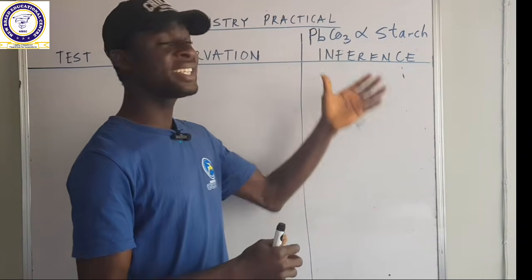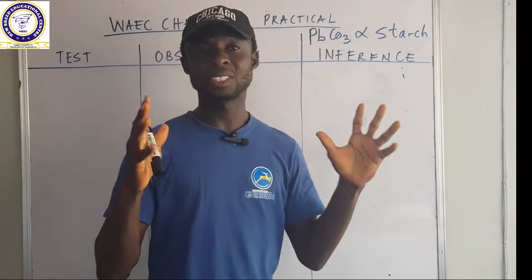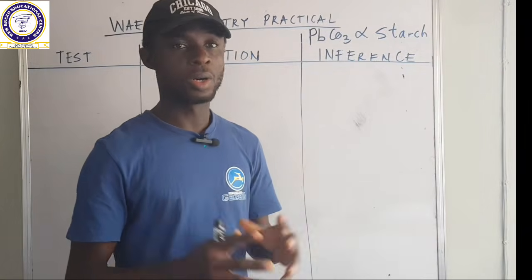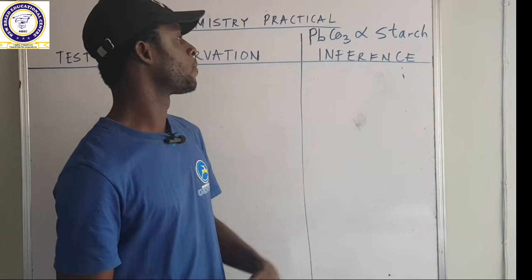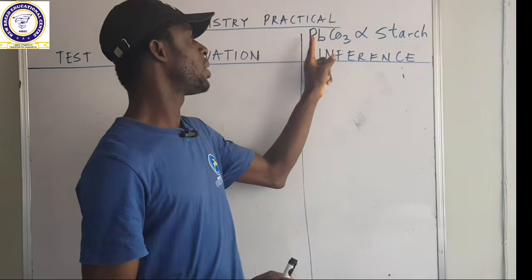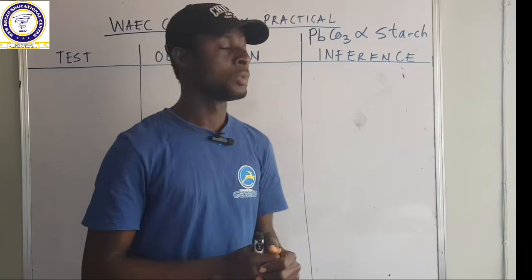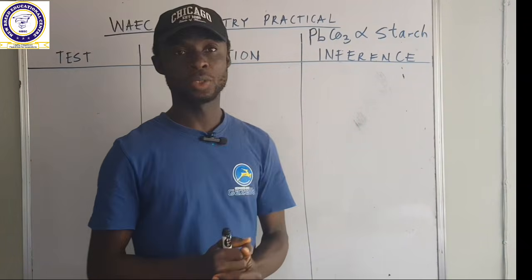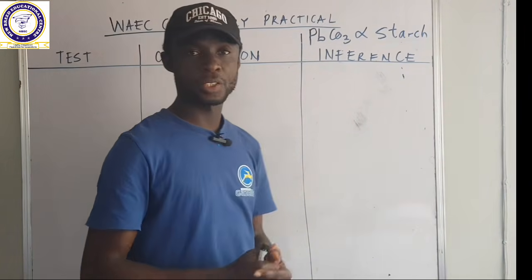Now, what is the intent of the testing that we are going to be doing for this chemistry practical? We are going to be testing for lead ion, we'll be testing for carbonate ion, and we'll be testing for starch.